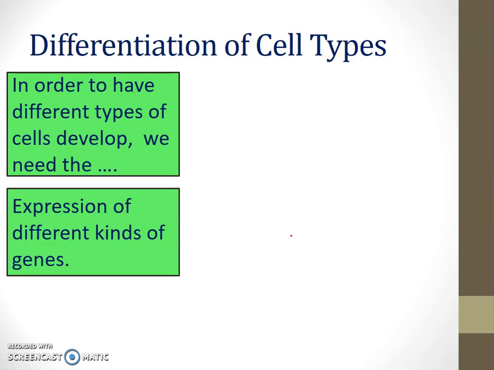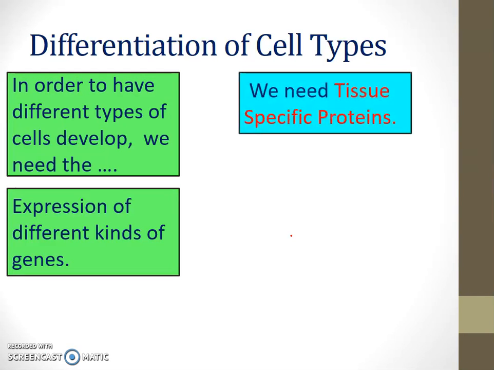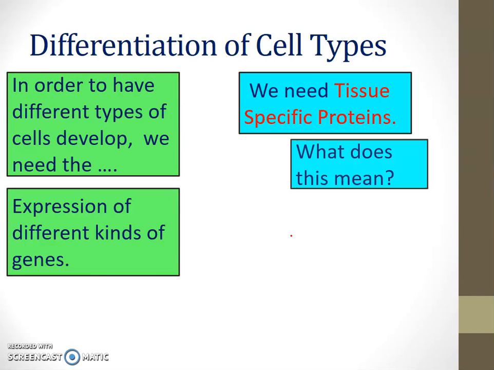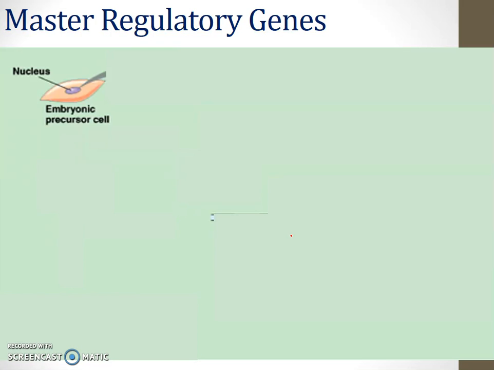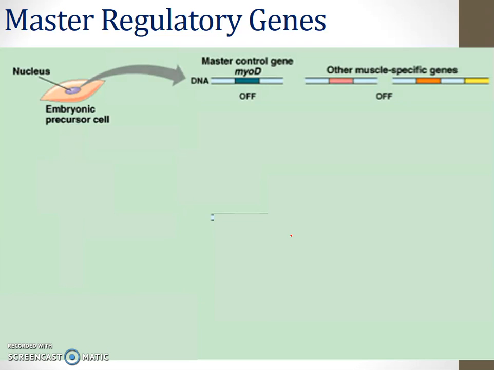Okay, so when we look at this, in order to have different types of cells develop, we need the expression of different kinds of genes, and therefore we need tissue-specific proteins. Now, tissue-specific proteins and how this all works: we're going to use this as an example of a cell that will differentiate to become a muscle cell. So with this, we have what's called master regulatory genes or master control genes.